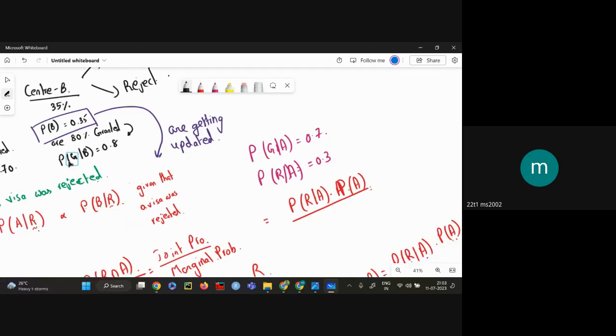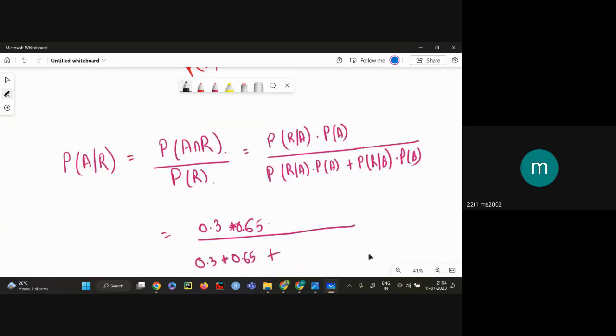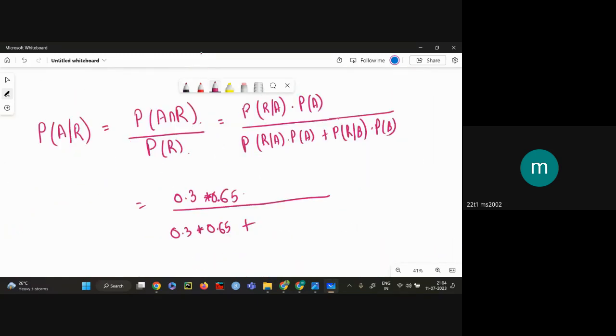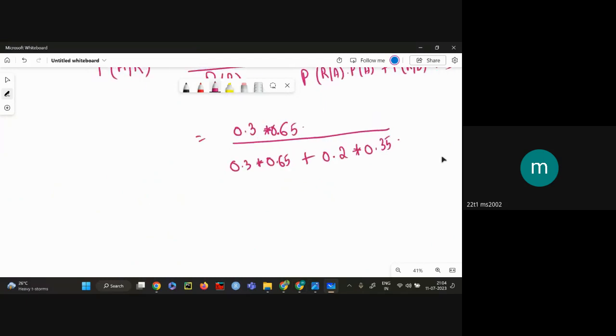So if it's granted 80% of the time, then it's rejected 1 minus 80% of the time. So that would be 0.2 into 0.35.